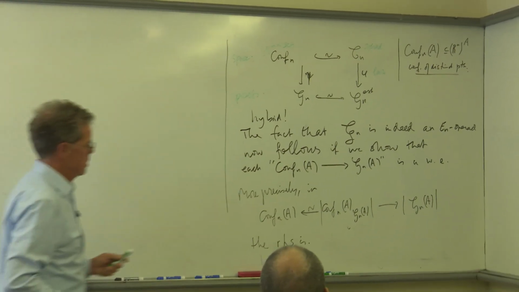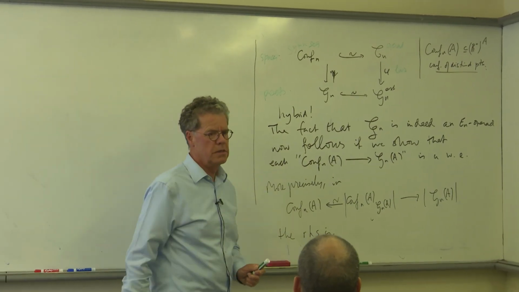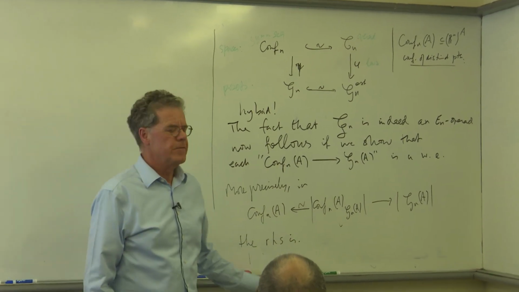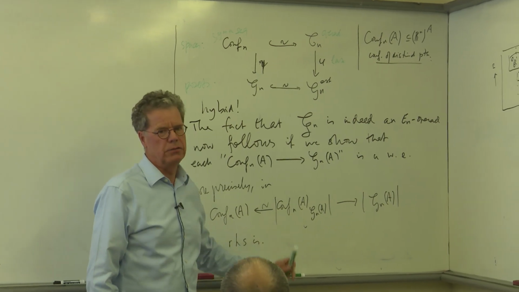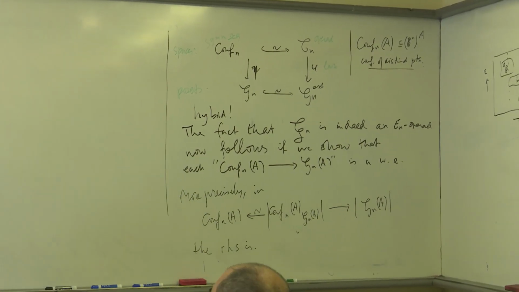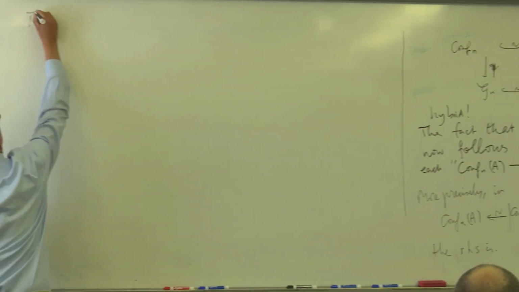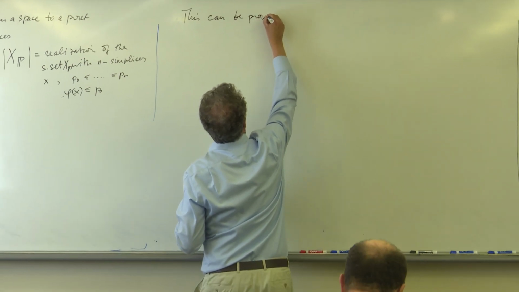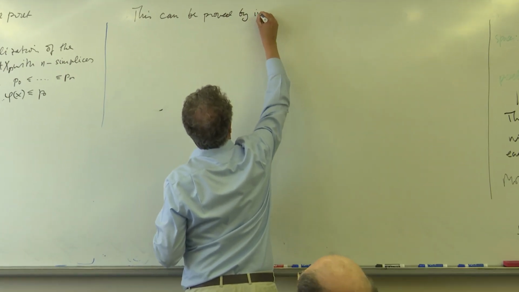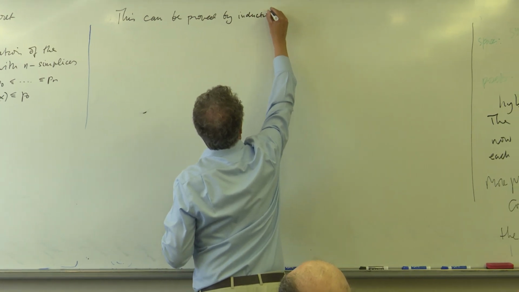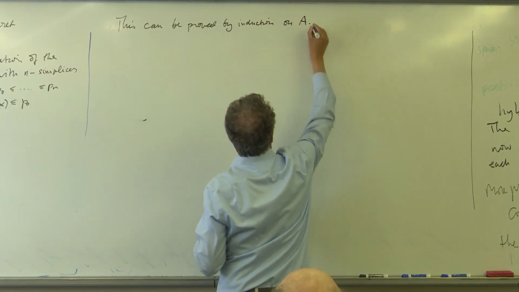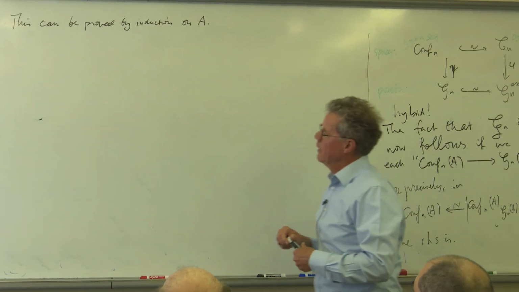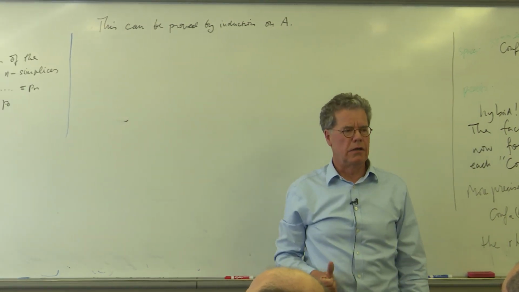Right. So I want to analyze this diagram. Okay. So this is something on the set A. And I'm going to prove this by induction on the size of A. If A has one element, you can all check it for yourselves.